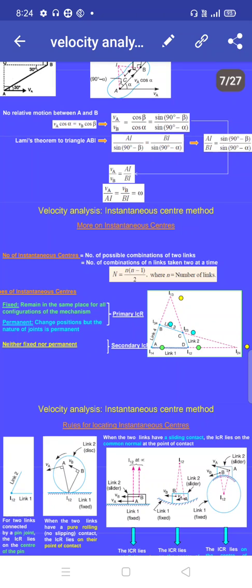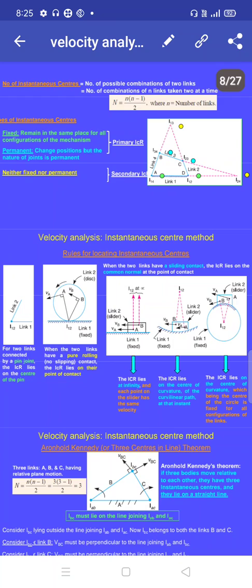The second one is permanent, changing position but the nature of the joint is permanent. The third one is neither fixed nor permanent. Primary instantaneous centers of rotation are both fixed and permanent. Those that are neither fixed nor permanent are secondary instantaneous centers of rotation.